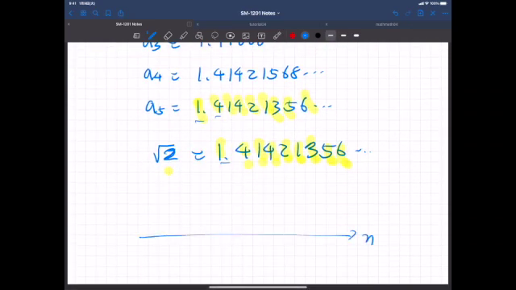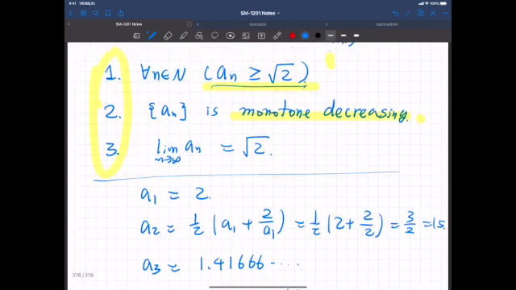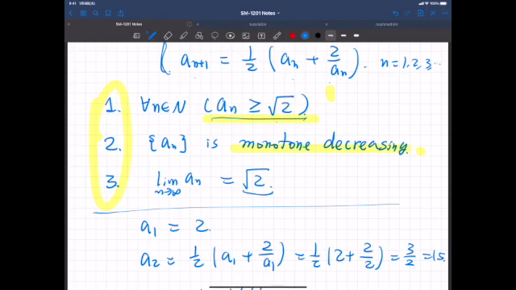So if you take n and take an, then it's always greater than or equal to square root of 2, and it is not increasing, so it's monotone decreasing. Then it converges to square root of 2. So we can say if it is bounded below and monotone decreasing, it converges to some value.